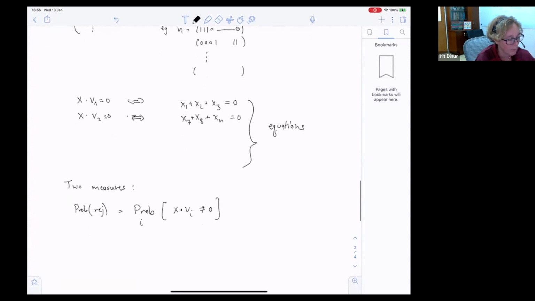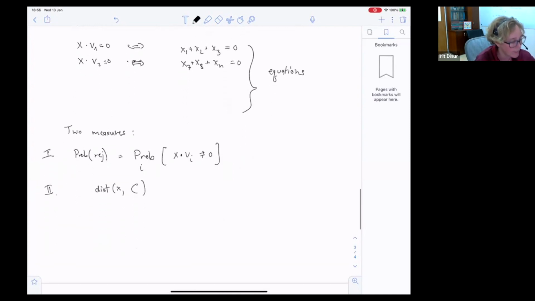So it's the probability of one of the equations being unsatisfied, or really, the fraction of equations that are not satisfied. Okay, so that's one measure. And the second measure is the distance of x from my code C. You see the linear subspace, I have a string. How many bits do I need to change to get into the subspace?